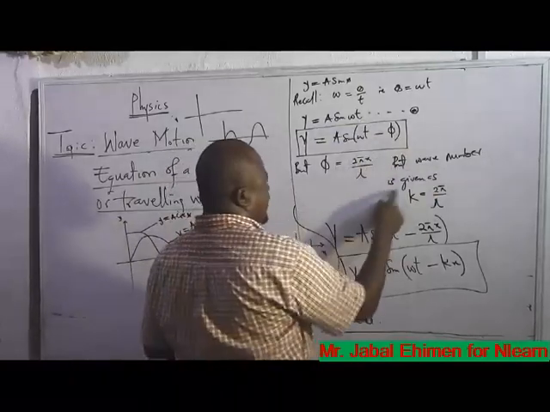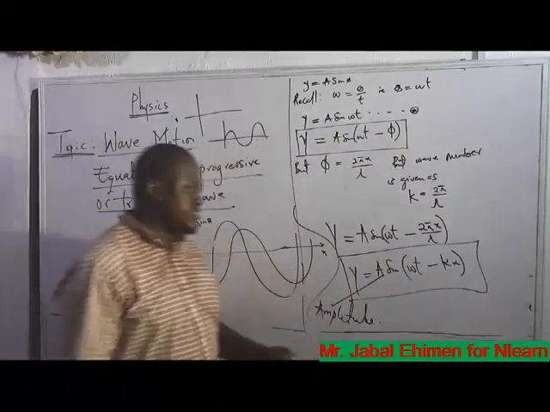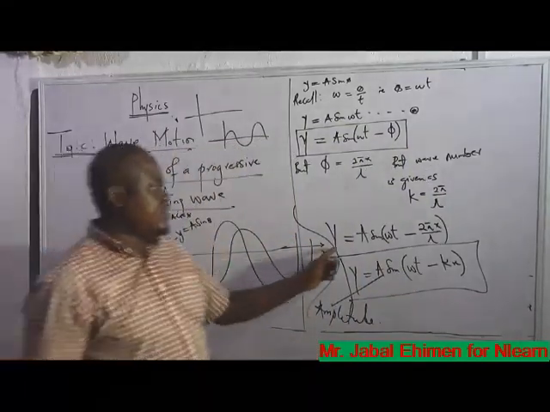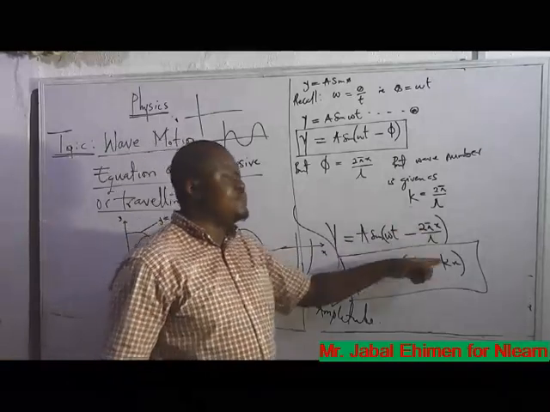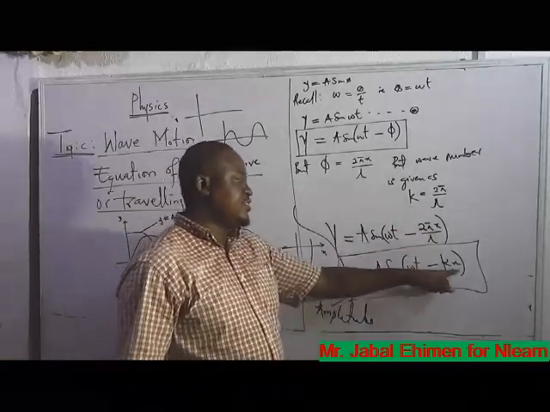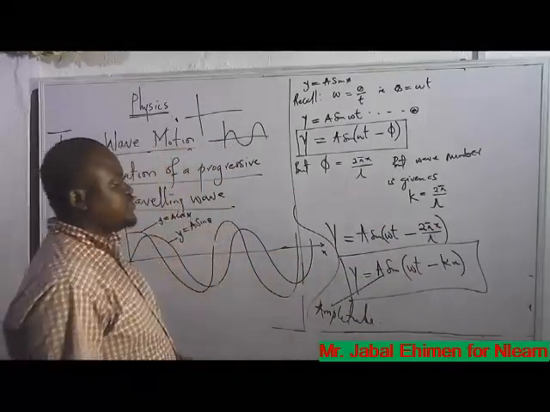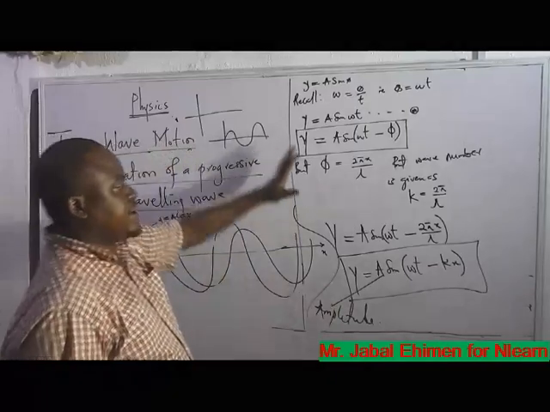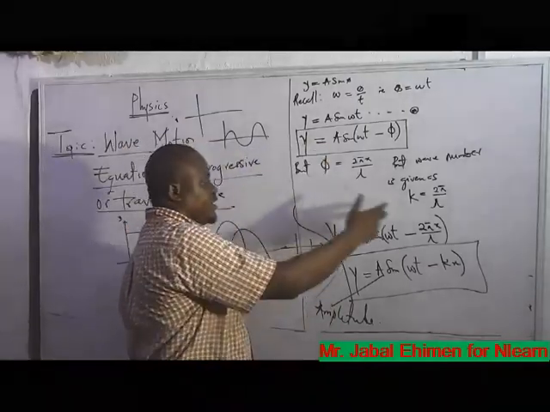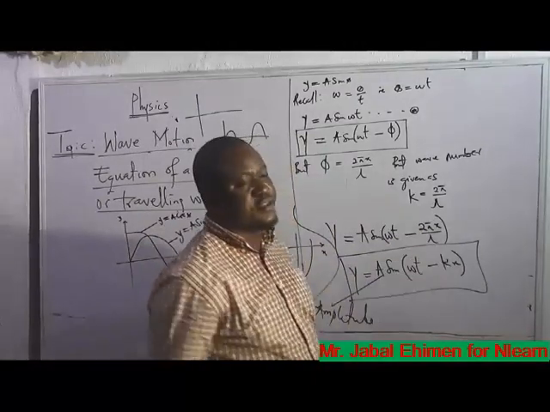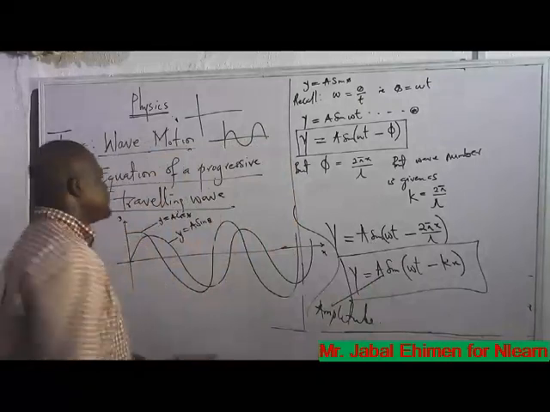But wave number is given as k, which is 2 pi over lambda. So this analysis is A sine (angular velocity t minus 2 pi x over lambda). Now you have k to be this and this. Now this is simple. Please, the ones that I bracket are very, very key and very important. So you can have this, you can have this, still the same thing. But I want to add to this now. How do I add to that?